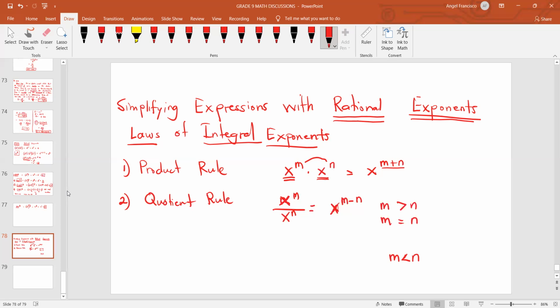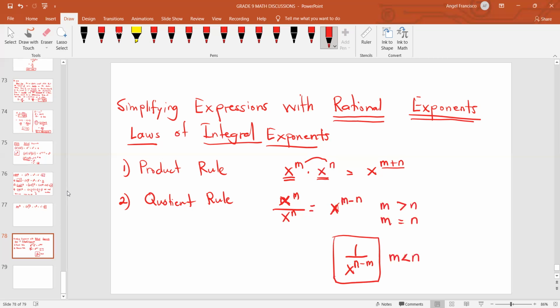So what you are going to do is follow this format: if m is less than n, then x to the n minus m. Okay? So yun ang inyong tatandaan.